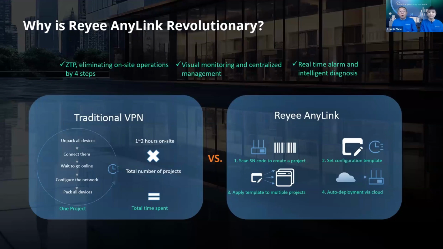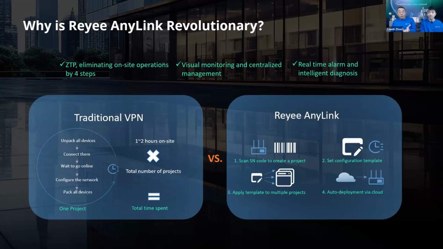Yes. And two, traditional VPN requires site-by-site configurations, while Reyee SD-WAN can provide a powerful zero-touch provisioning feature. You just enter the device code to start networking, and it supports offline pre-configuration of projects as well.